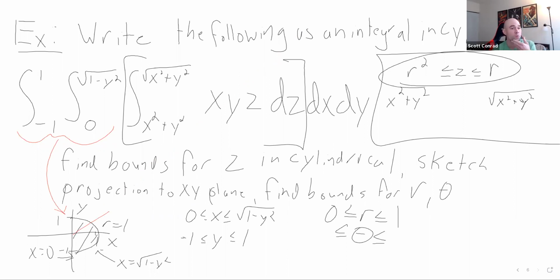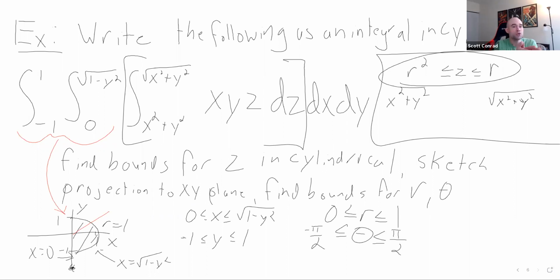And theta goes from what to what? So we start down here, which is -pi/2. And we go up to pi/2.